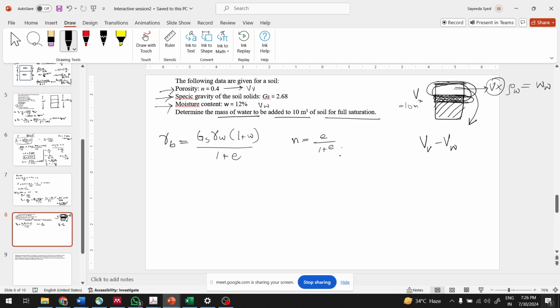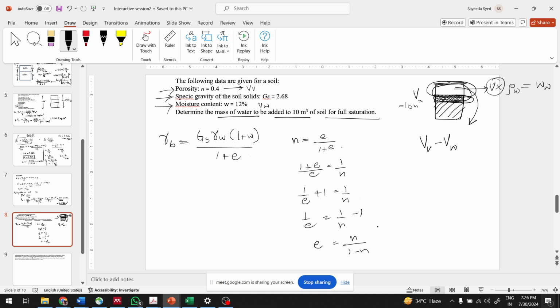Sorry, from porosity we can calculate the e. So (1 plus e) over e equals 1 by n, and 1 by e plus 1 equals 1 by n. 1 by e is equivalent to 1 by n minus 1, and e equals n over (1 minus n).